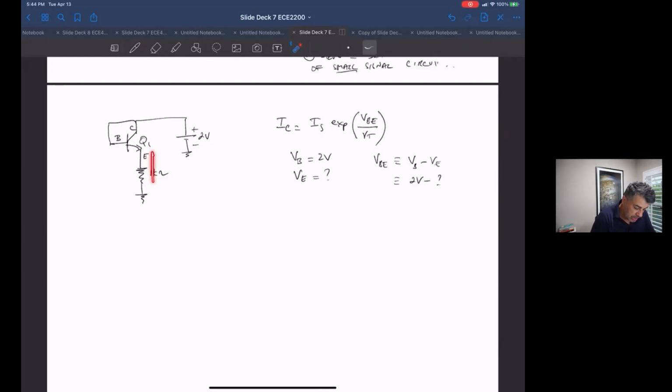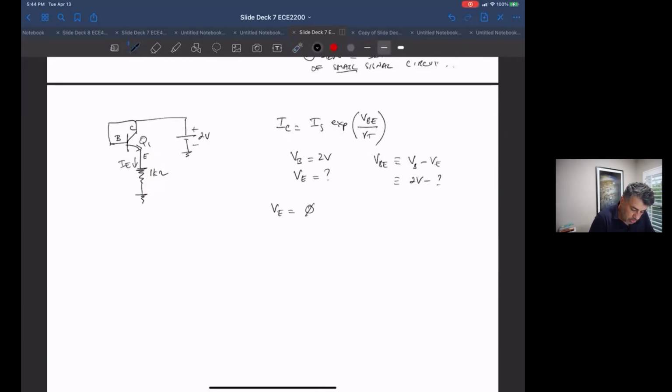But the second thing is we've got the current through this resistor. That's the I sub E, the emitter current. So the voltage at E is also equal to ground. So this is this point. I'm going to just write everything up.